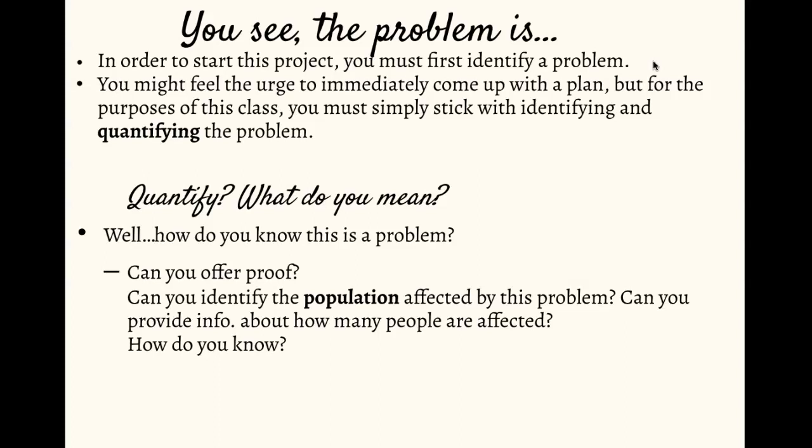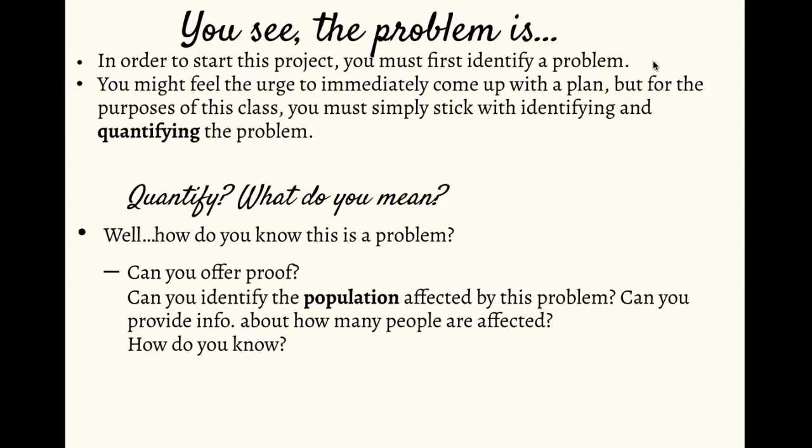So quantifying is a really important word that we use in this course. So you want to make sure that you can justify that the problem that you're choosing exists. So you need to make sure that you're able to offer proof. Are you able to offer this proof? Can you also identify a population who are also affected by this problem? Can you provide information about how many people are affected?